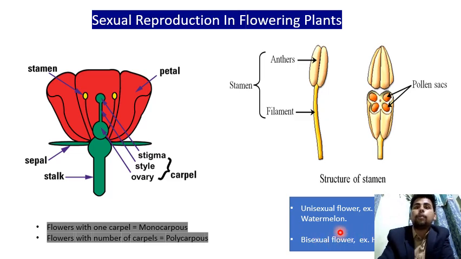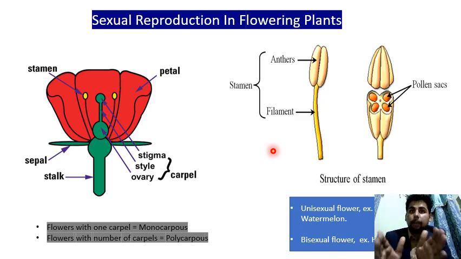For example, unisexual flowers are those of watermelon or papaya. Actually, a unisexual flower means it will contain only one reproductive organ, either the male reproductive organ, that is the stamen, or the female reproductive organ, that is the carpel. They will contain only a single reproductive organ.